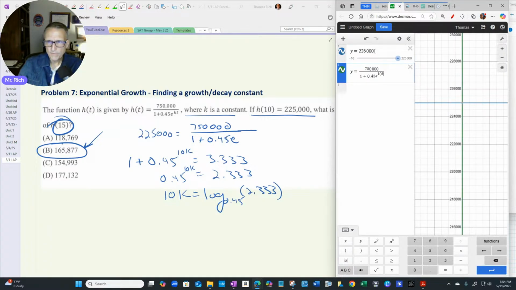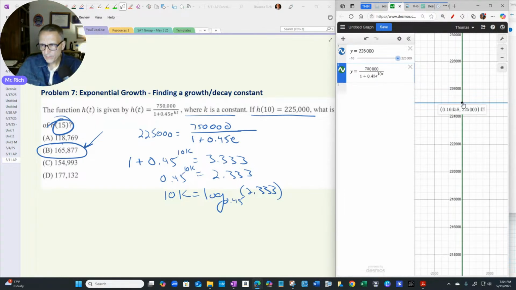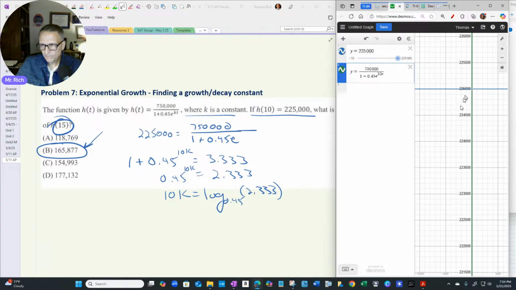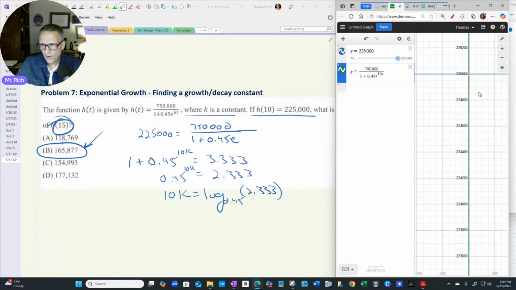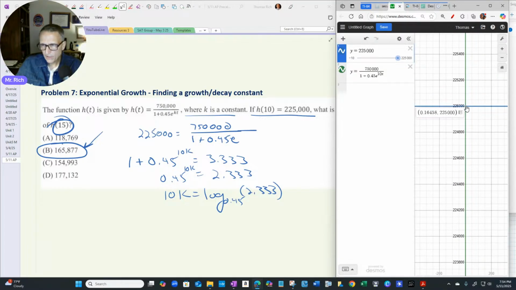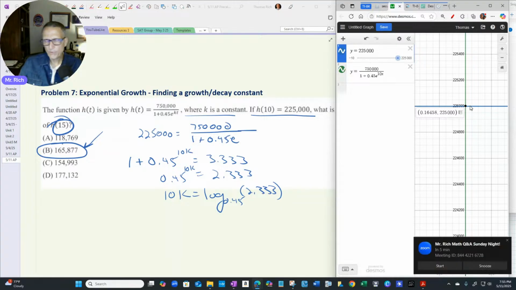Because remember, what we were doing is we were sticking in the ordered pair 10 comma 225,000, and that's going to be an x right there. So we're looking at where these intersect right here. These two graphs, the left and right hand side, are intersecting at that point.